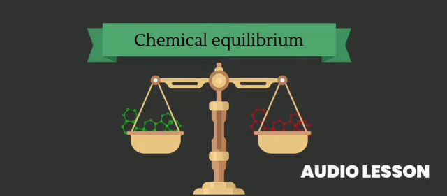Now, remember that for an endothermic reaction, heat is absorbed in the reaction. And when that happens, the value of change in heat is positive. So remember, endothermic reaction has positive change in heat value. That means for an endothermic reaction, we can picture heat as being a reactant, because heat is absorbed into the system.